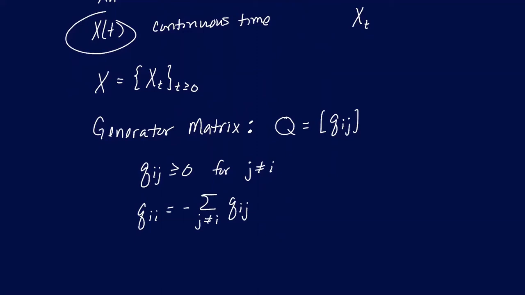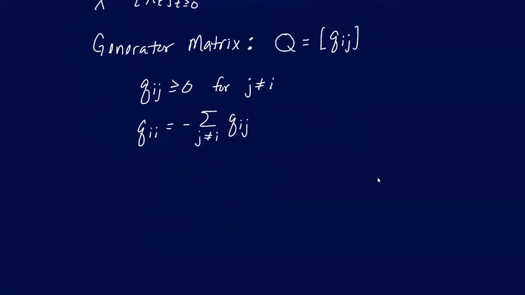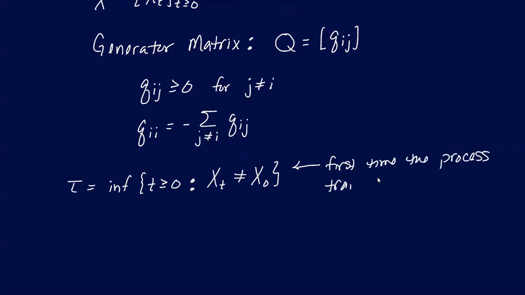What do we want to look at? We're going to look at a certain random time that is called tau. This is the infimum over all t greater than or equal to 0, such that the process at time t is not equal to the process at time 0. So this is the first time the process transitions away from its original starting state.